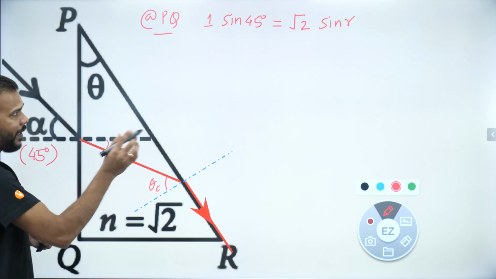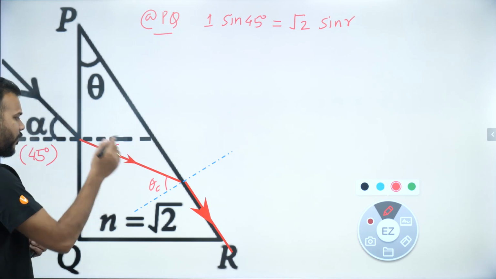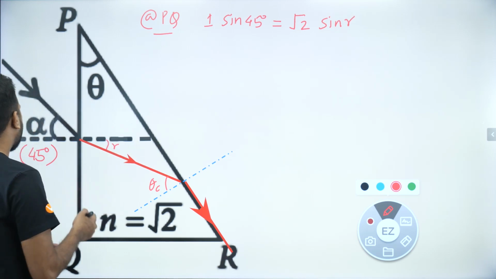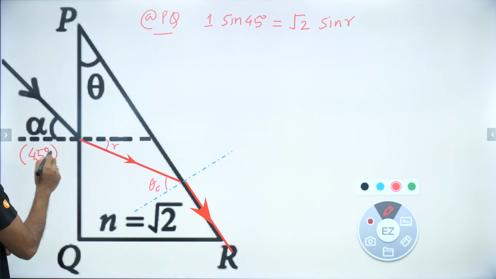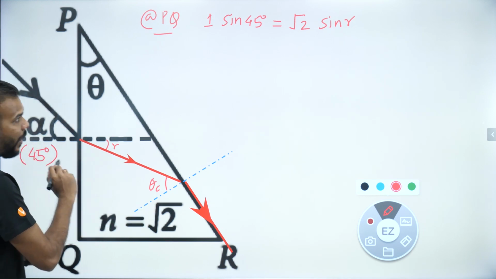Not writing the formula again and again because we have been using it in the previous question. So 1 into sine alpha equals mu into sine r.